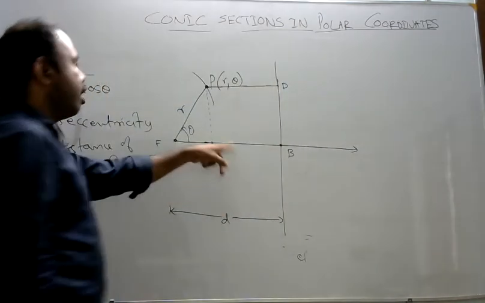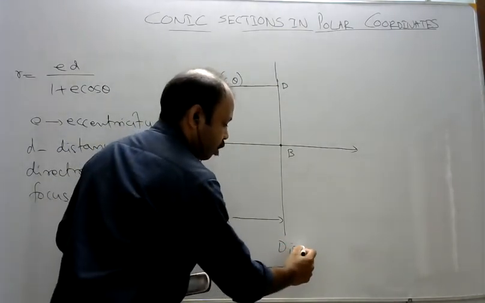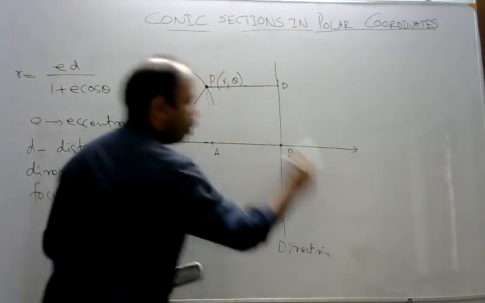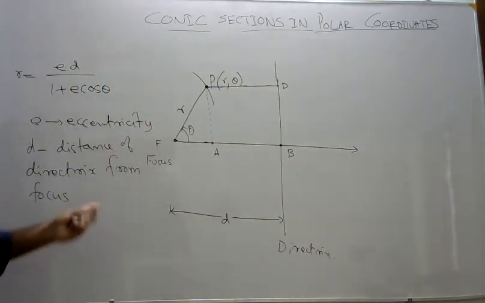This is only one case of the conic, with the directrix to the right of the pole. Similarly, we can derive the other cases: directrix left, directrix above, and directrix below.